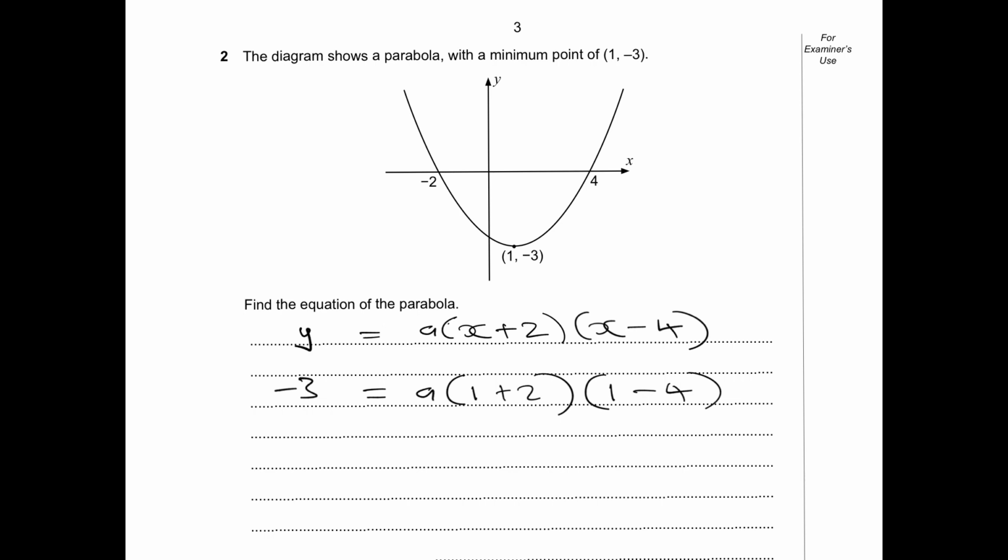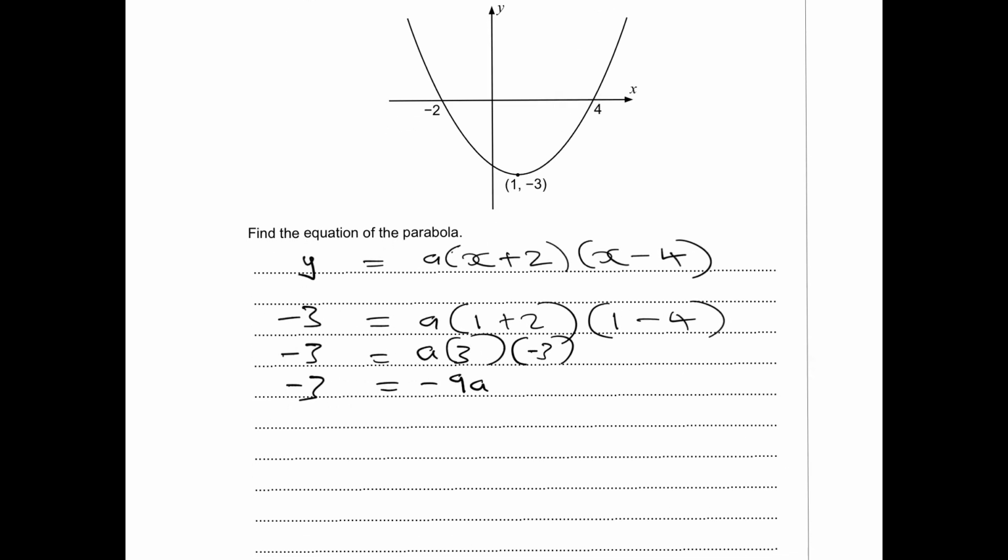Okay, so this will help us to get the value of a. So we have negative 3 is equal to a. In the first bracket we have 3, and in the second bracket we have negative 3. So that will give us negative 9a is equal to negative 3.